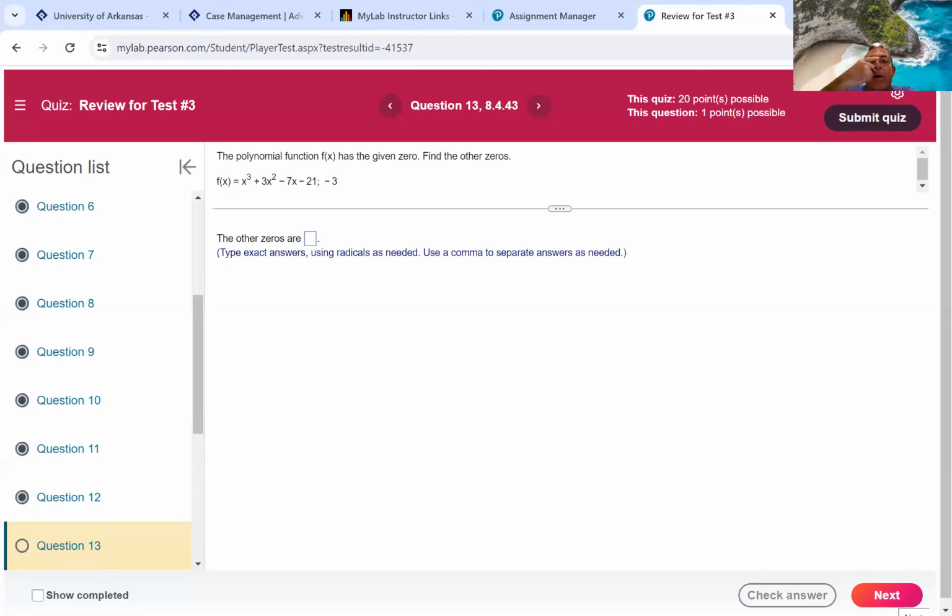So let me write this 13 down. The polynomial has the given zero, that's that -3. They want me to find the other zeros. So I got f of x equals x to the third plus 3x squared minus 7x minus 21. And the number we're checking is -3.